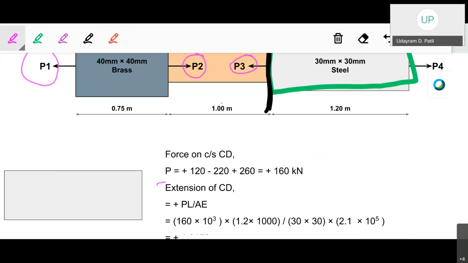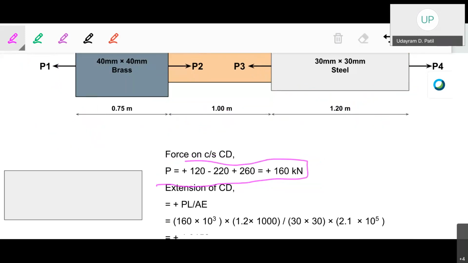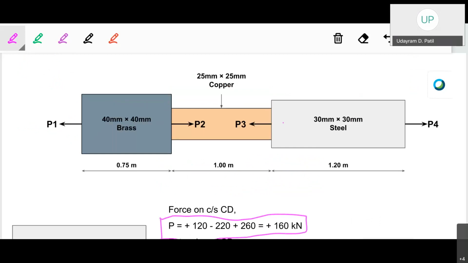Therefore the force on the CD will be 120, plus 120 as we have taken the force going to the left as positive, minus 220 as we have taken the force going to the right as negative, and the P3 value is again going to the left hand side, therefore positive. So 120, that is the P1 value, minus 220, that is the P2 value, plus 260, that is the P3 value. That will give us the total force on the CD as a positive 160 kilonewton.